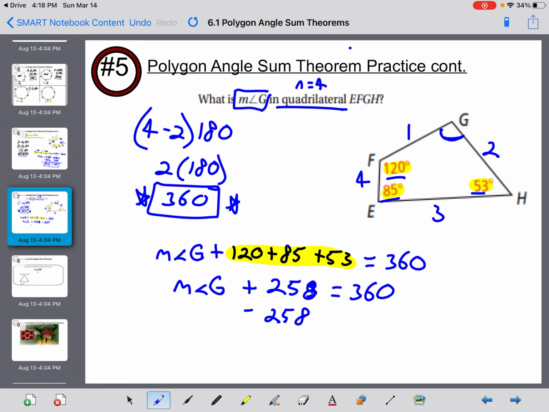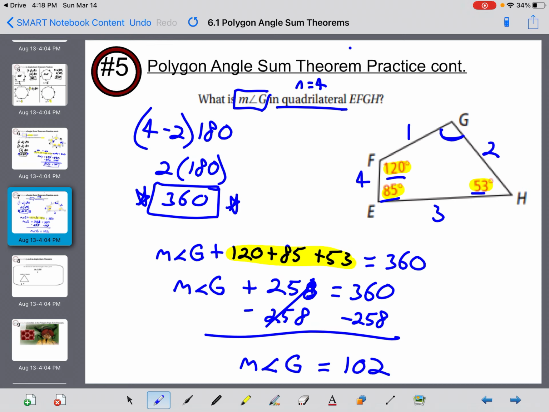I'm going to subtract my 258 from both sides, and the measure of angle G is equal to 360 minus 258, which is 102 degrees.